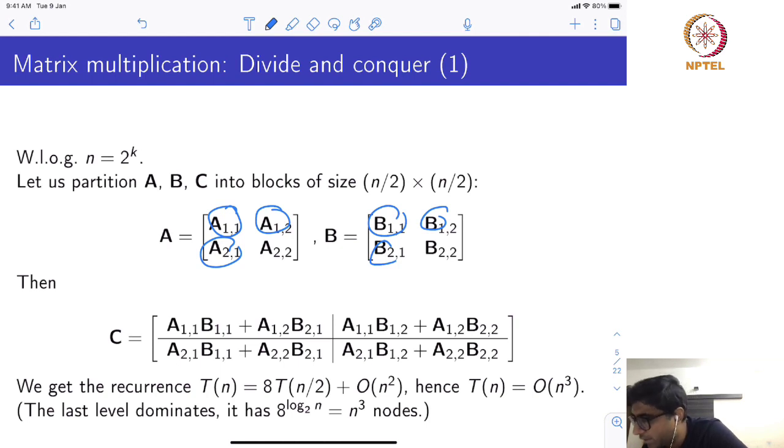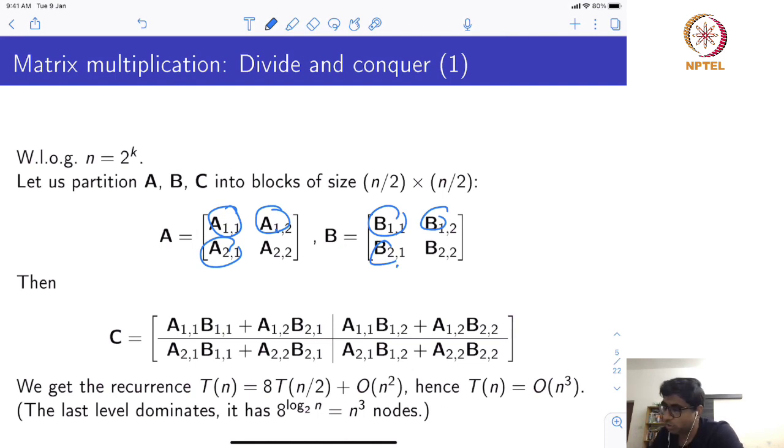You take this, multiply with this, plus you take this and multiply with this, and so on. So, we get the recurrence that if you are trying to multiply n cross n matrices, then T of n is 8 T of n by 2 plus order n squared, and hence T of n is order n cube, because the last level dominates, it has roughly n cube nodes.